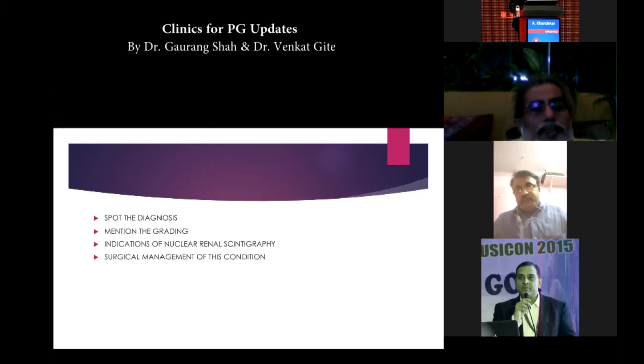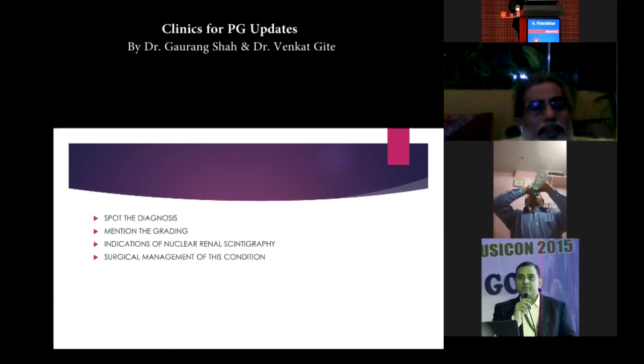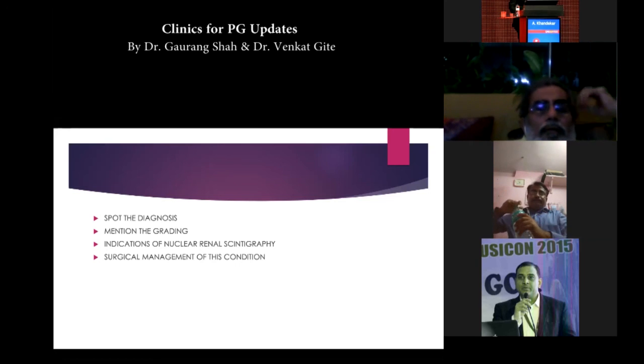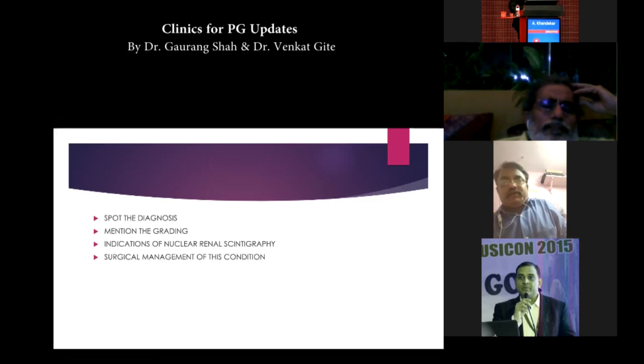What are the worst prognostic signs in this disease? The poor prognostic factors, the adverse factors. If you see a patient with certain factors, the prognosis is bad. What are they? Sir, one is shock at presentation.